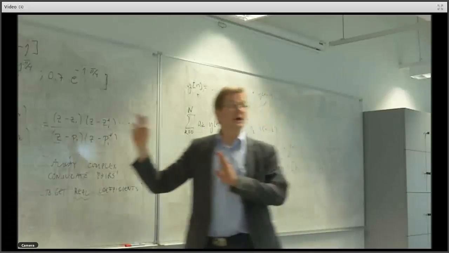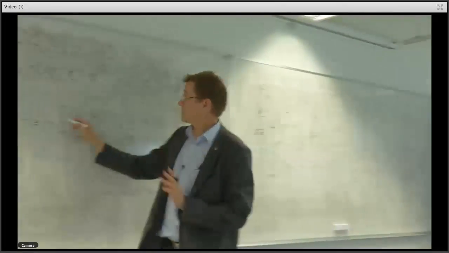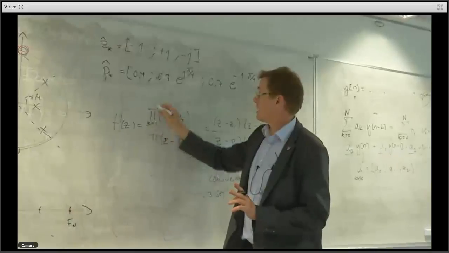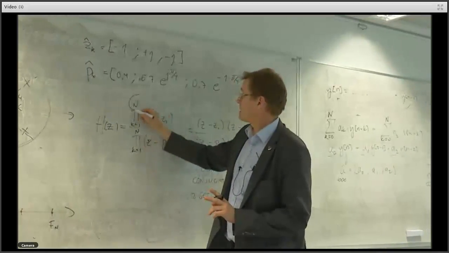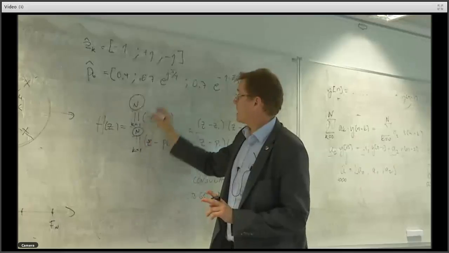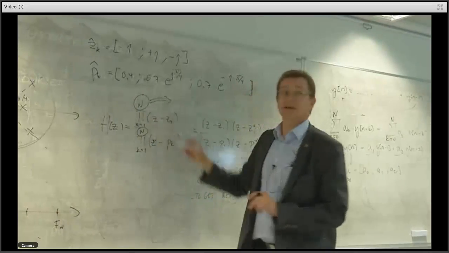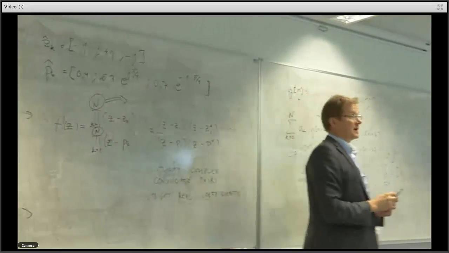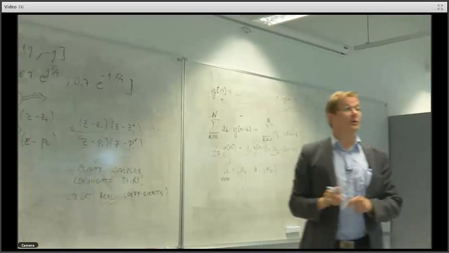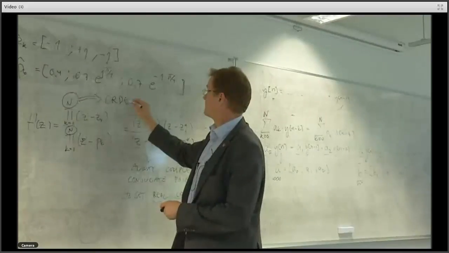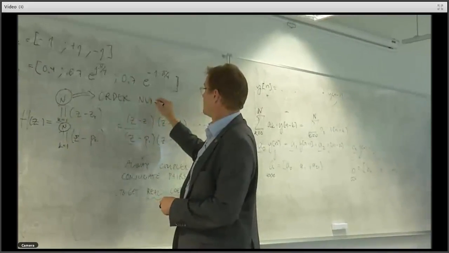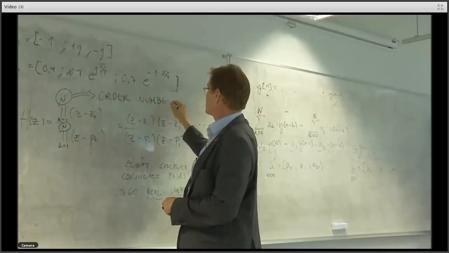You also have n zeros and poles, k equals 1 to n. This highest polynomial that you can see in the transfer function is the same as the order number of the system.